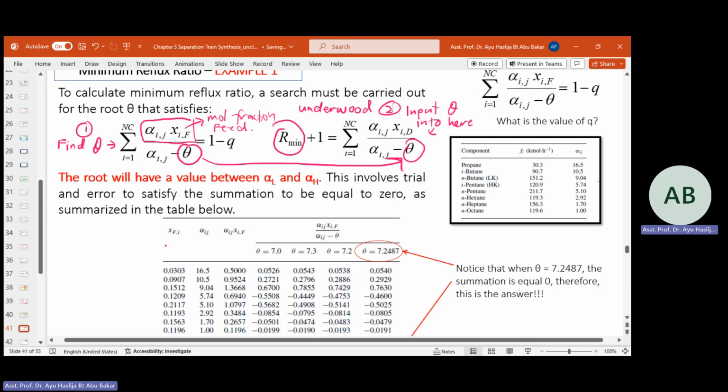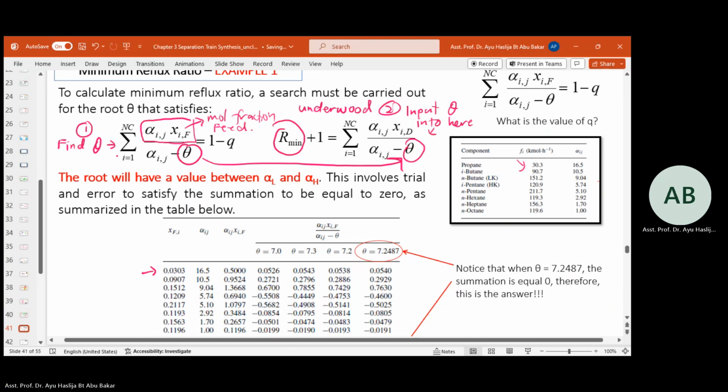Just now it is not given, so you should calculate the mole fraction of the feed from the given values.